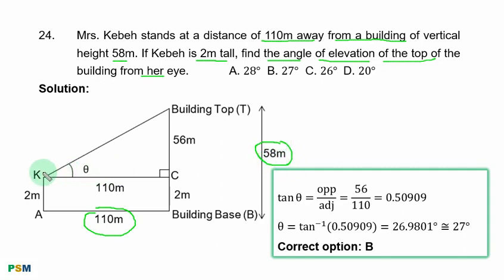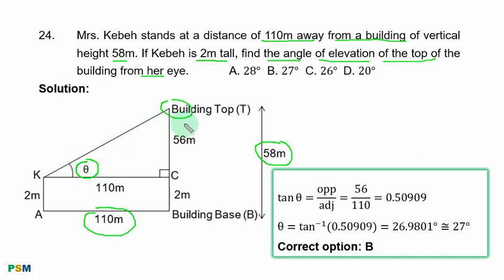Now, KA is equal to BC, that is 2 meters. From her eye level, she's looking at the top of the building. So the angle formed is angle of elevation, theta.